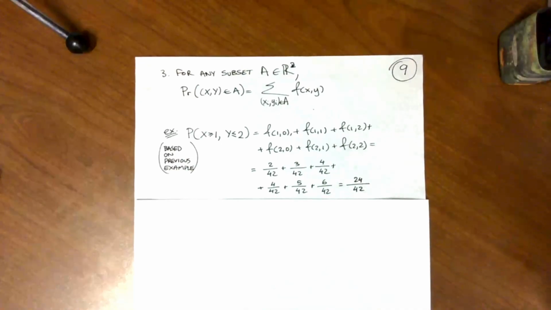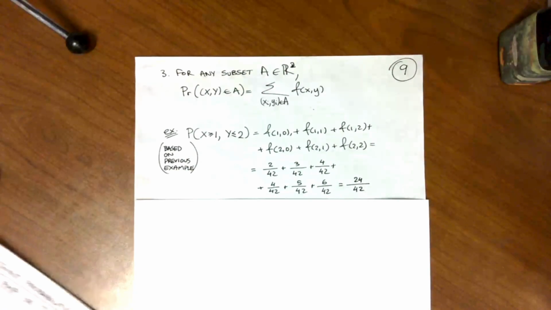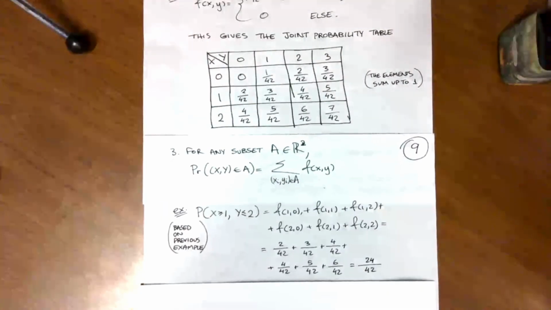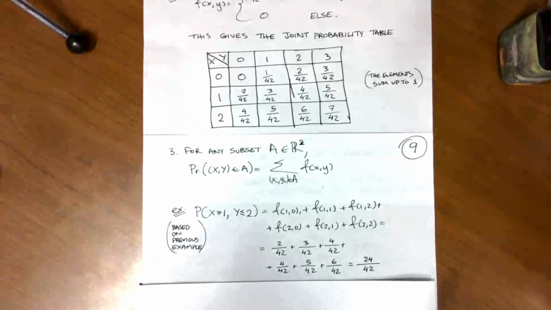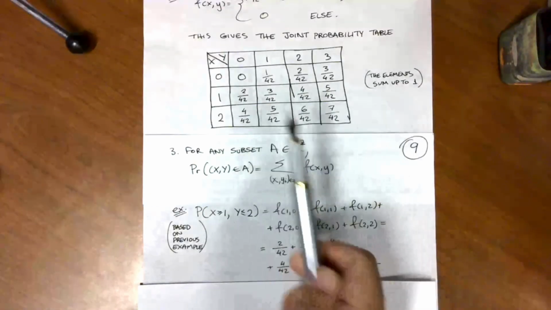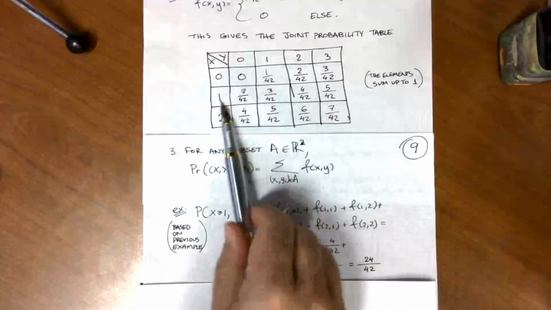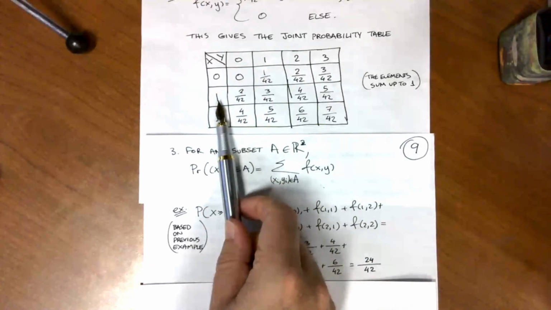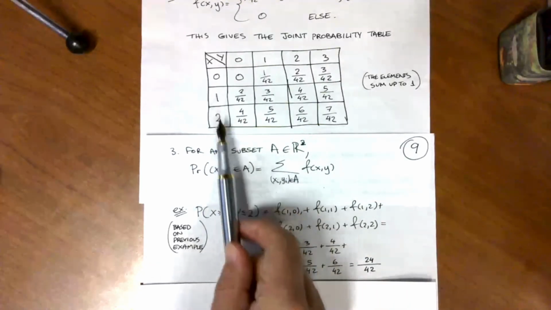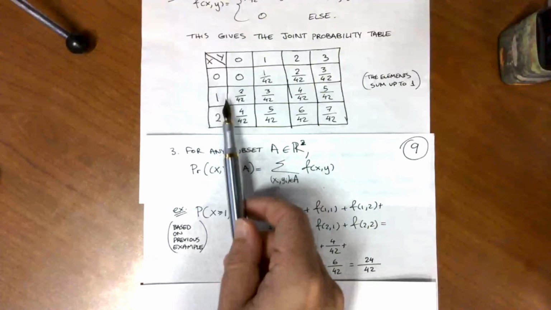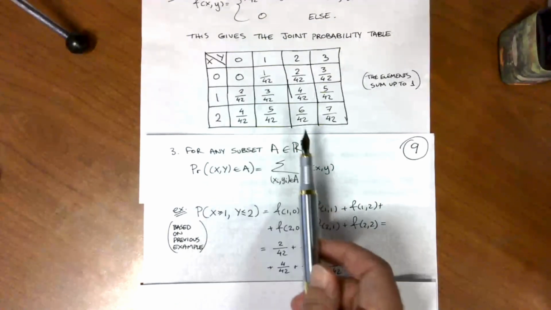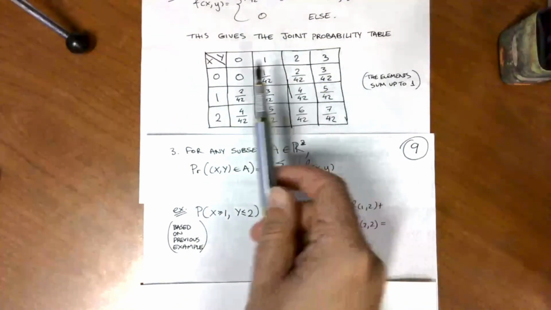Visually, it's worthwhile looking at the table in parallel. So let's see. What is the situation here, or rather what area of this table does this problem reflect? Well, all of the situations where x is greater or equal to 1, so these two values are relevant for the probability that we're trying to calculate, and values of y less or equal to 2, right?